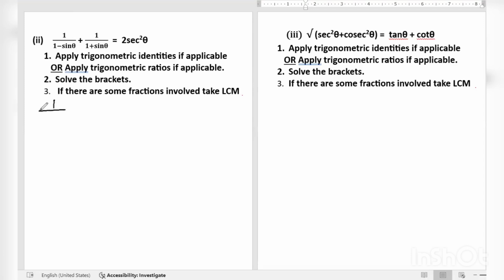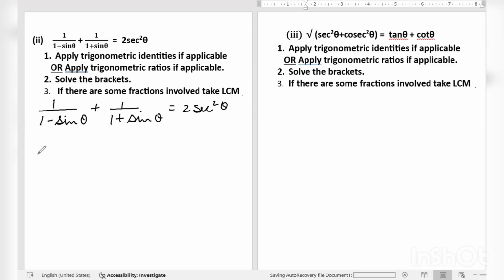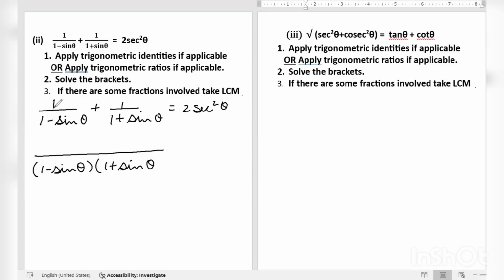So we will have 1 upon 1 minus sin theta plus 1 upon 1 plus sin theta is equal to 2 sec square theta. Now when we take the LCM, we will have here (1 minus sin theta) into (1 plus sin theta), and in the numerator you will have 1 plus sin theta plus 1 minus sin theta is equal to 2 sec square theta.